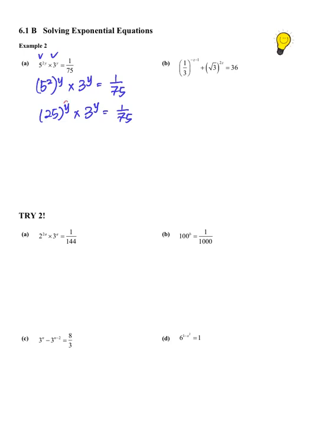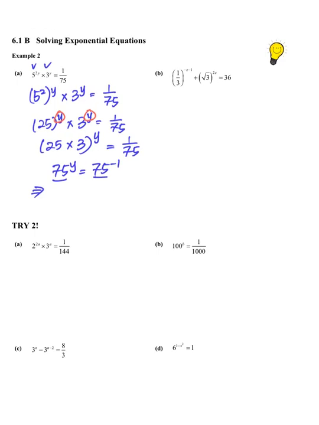So when it is a common power, it equals 25 times 3 to the power of y, equals 1 over 75. 25 times 3 is 75, so 75 to the power of y equals 1 over 75. 1 over 75 is 75 to the power negative 1. Comparing, because the base is the same, therefore y must be equal to negative 1.